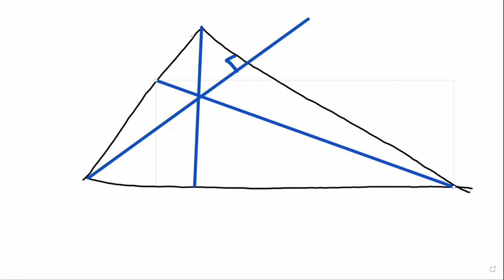So what are they? Can we name them concurrent lines? Yes, they are concurrent lines, and each set of concurrent lines needs a point.